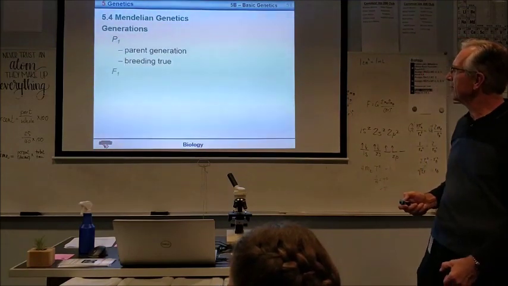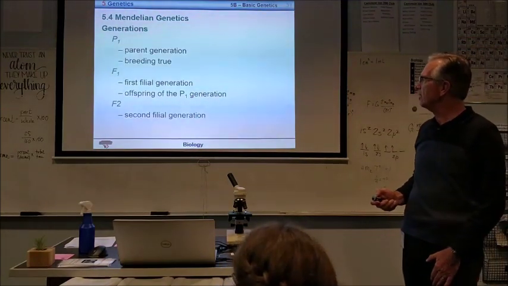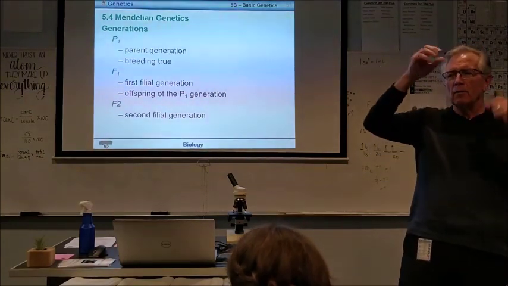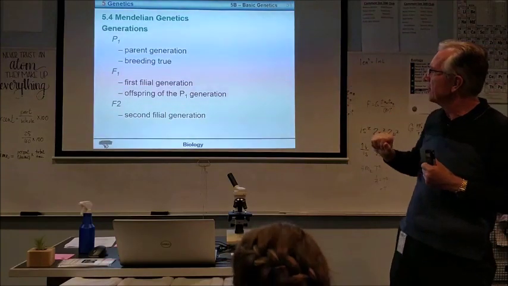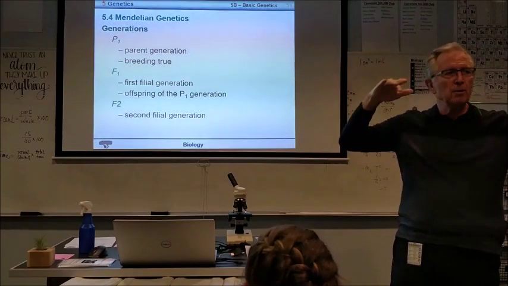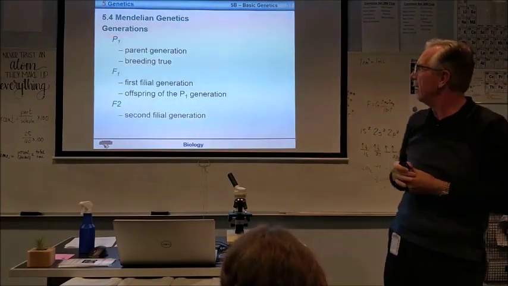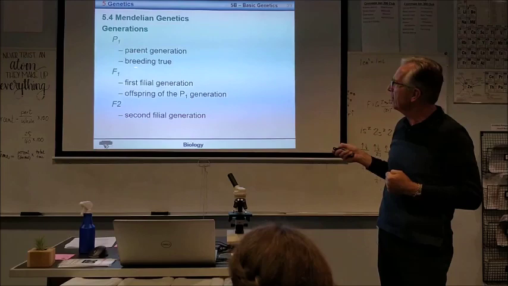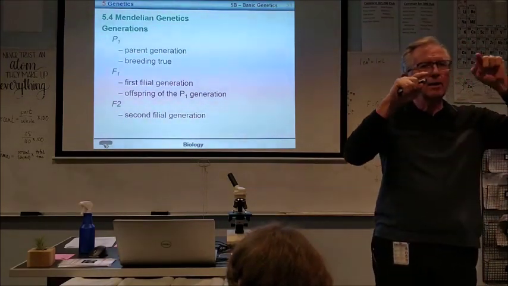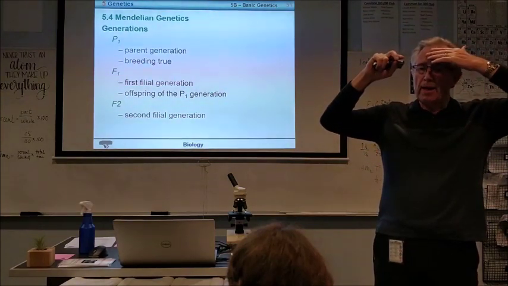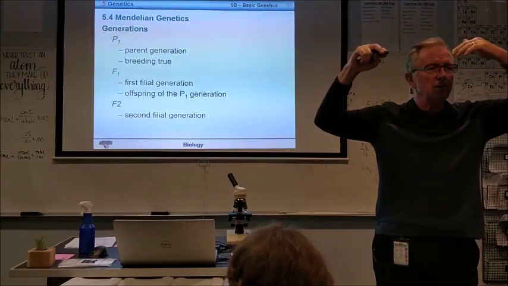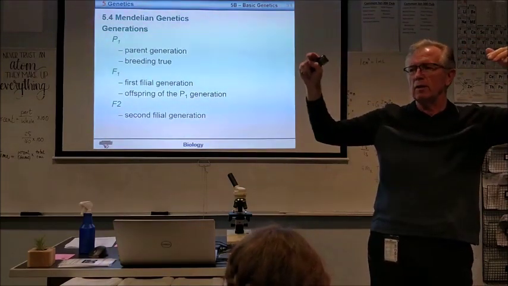Now, I'm going to uncover all of these at once. When you're talking about genetics, whatever you start with, that is what we're going to call the parent generation. Like in your pedigree, it could be like the grandparents. Typically, though, we limit it to something that's true breeding. In other words, we would only take a genotype where if you cross that with the same genotype, you'd always end up with the same thing.